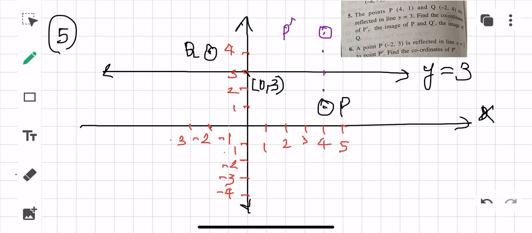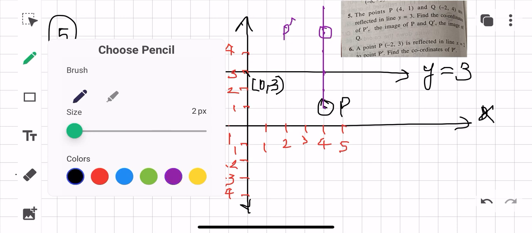And how are you going to do this, children? Once for 1 point, you can mark this P with the help of a graph, or else from P you draw a straight line perpendicular to this particular line. If you want, you can draw a line like this and then point. So for pointing, how can you point, children?